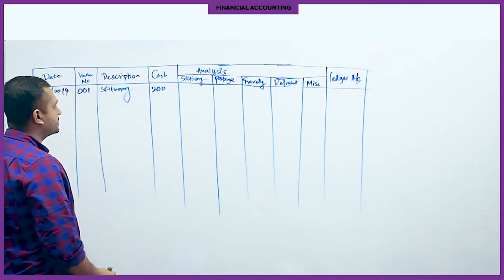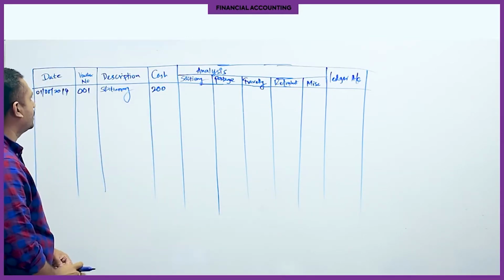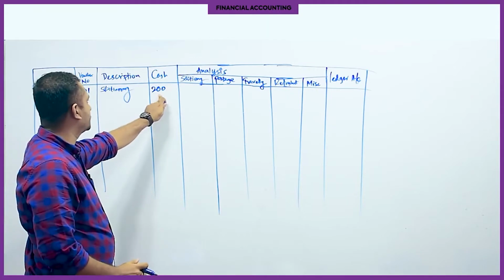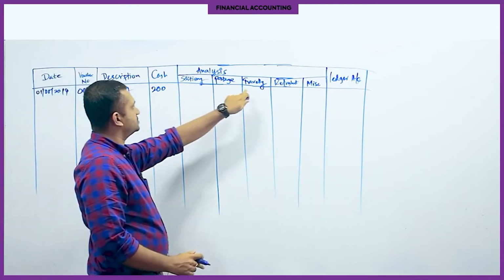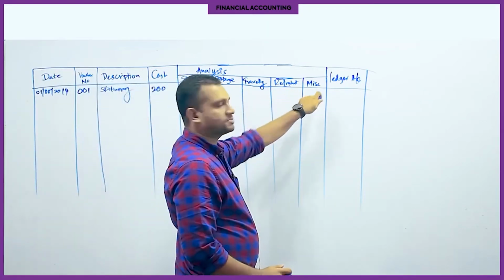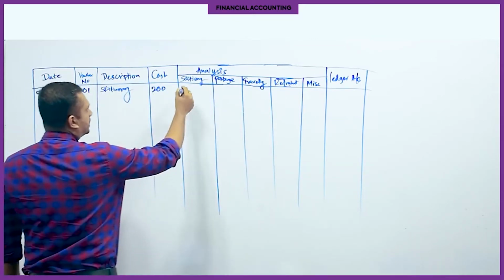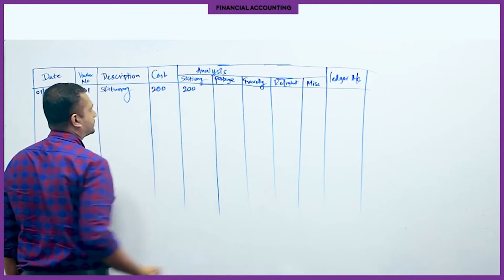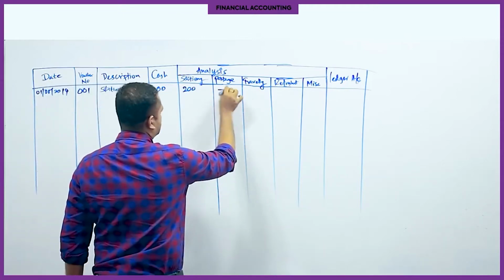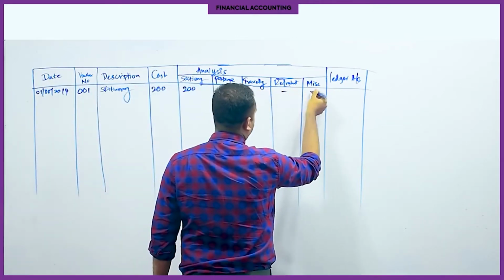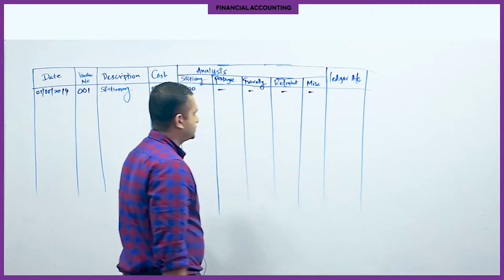Then in the analysis column, we need to look at whether this 200 is pertaining to stationery, postage, travelling, refreshment or miscellaneous. We know they have given it as stationery, 200. So it is not postage, not travelling, not refreshment, not miscellaneous.